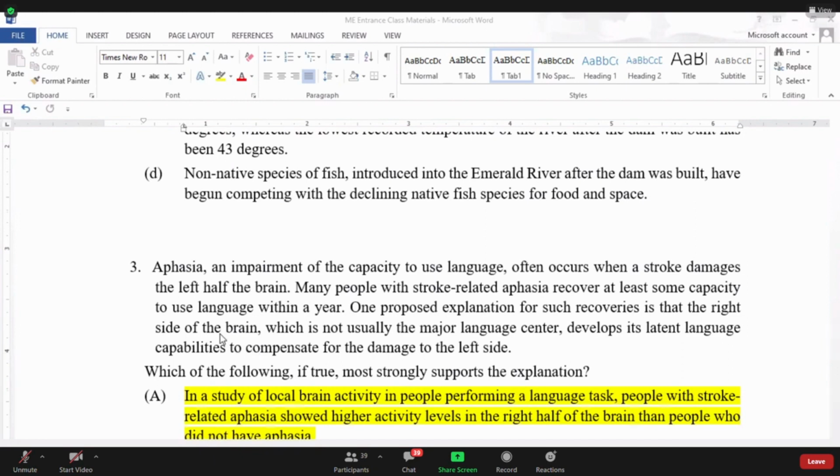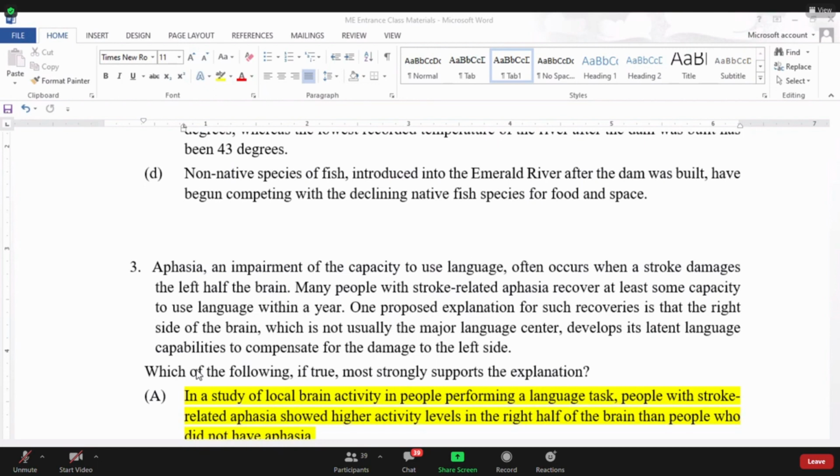When the left half of the brain is damaged, the right side becomes active and develops its latent language capabilities to compensate for the damage to the left side. So the right side becomes active and helps the person to some extent.